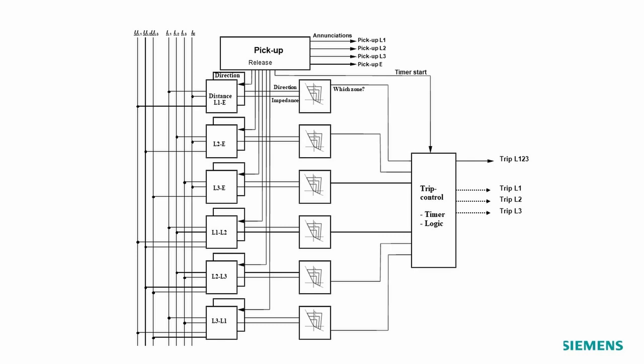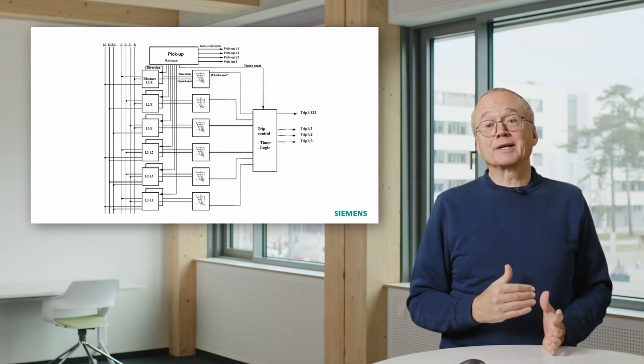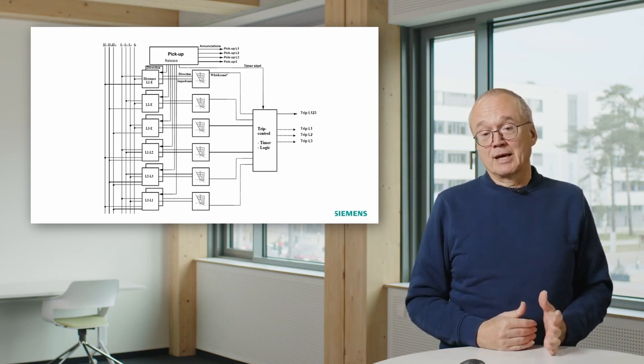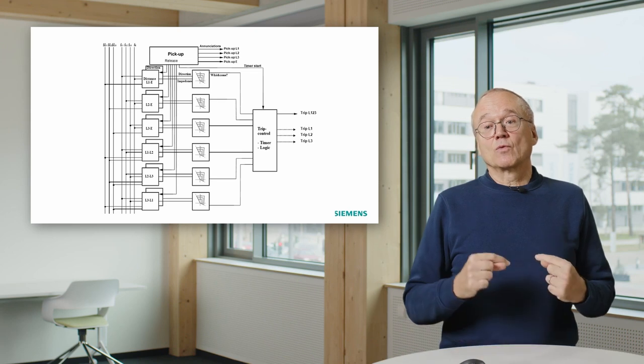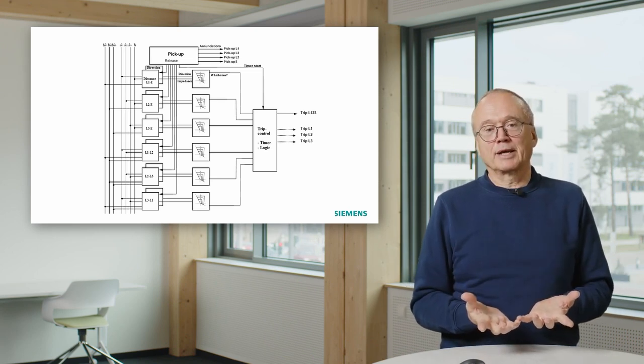But remember, in overhead lines, we often have auto-reclose active. And in auto-reclose, we have, in many applications, the concept of doing single-pole auto-reclose. That means we don't give a trip command for all 3 poles of the breaker.